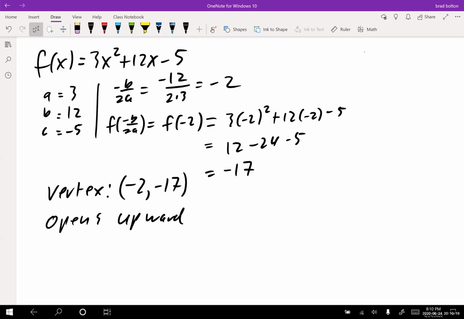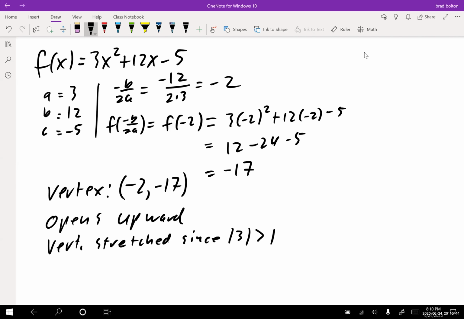And we know that it is vertically stretched since the absolute value of 3 is greater than 1. Remember from the previous sections, the absolute value of a greater than 1 means that it's stretched, and the absolute value of a less than 1 means it's vertically compressed, okay?